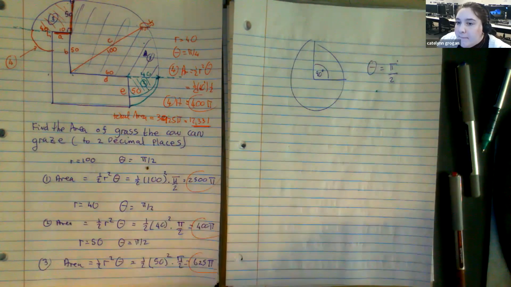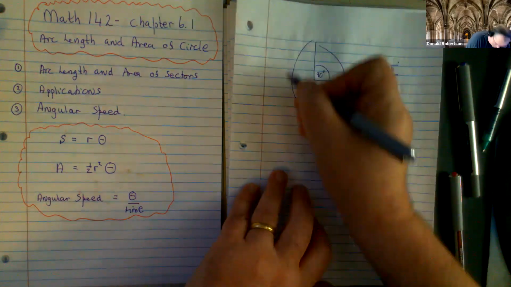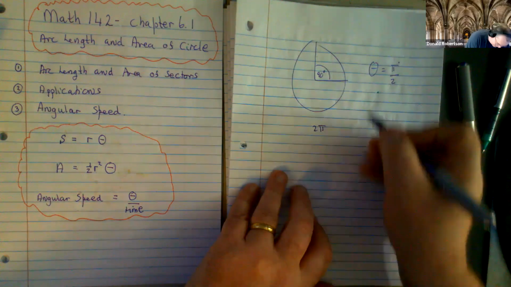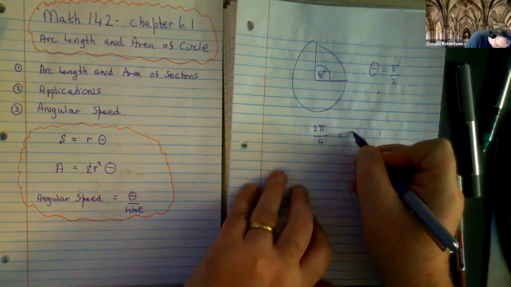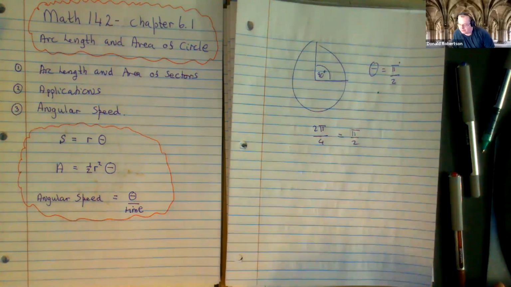Now you can do it two different ways. The first way, you could simply say something like this. A complete circle is 2 pi. And so a quarter of a circle is half a pi. And maybe I don't need the other way, because if that makes sense, why show you another way of doing the same thing, right?